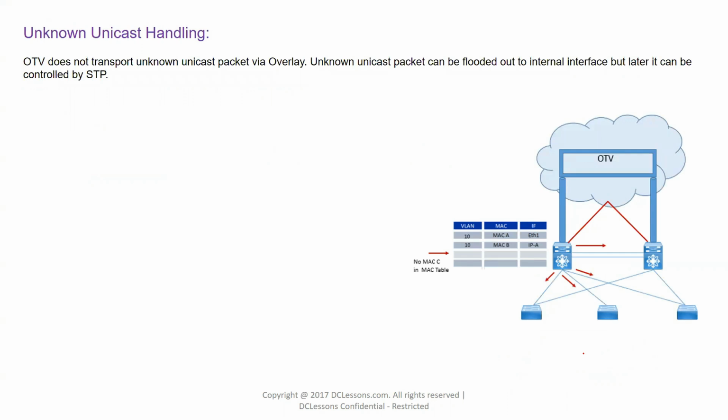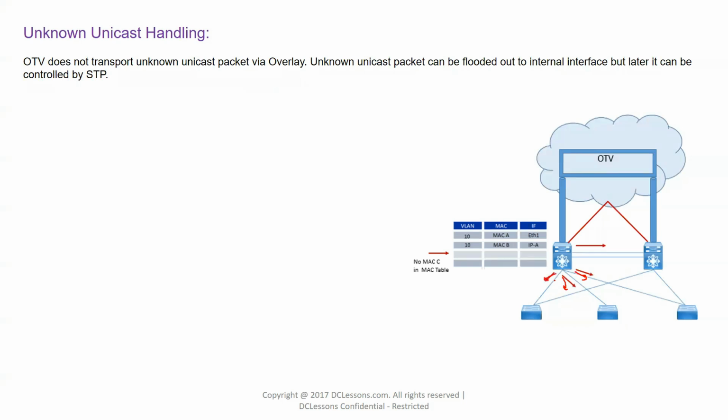Unknown unicast handling. In this, OTV doesn't transport the unknown unicast packet via the overlay. Rather, the unknown unicast is flooded out to all the internal interfaces particular to that site, but later it can be controlled by STP.